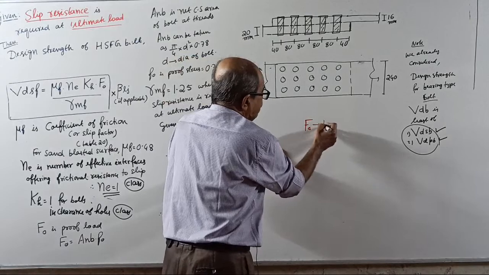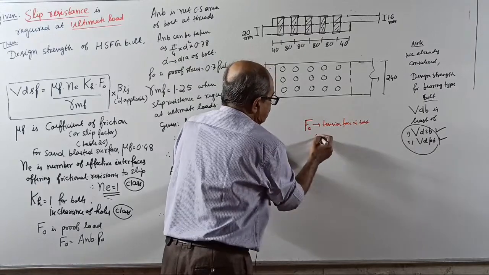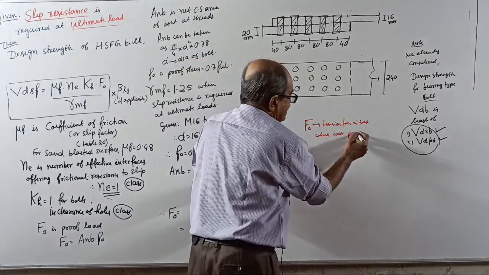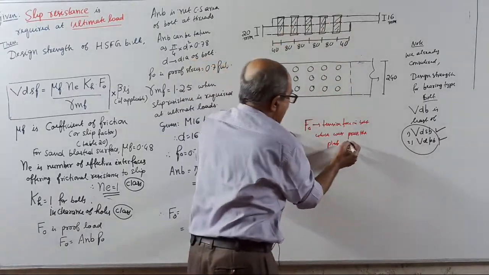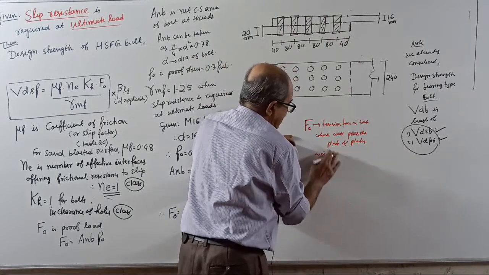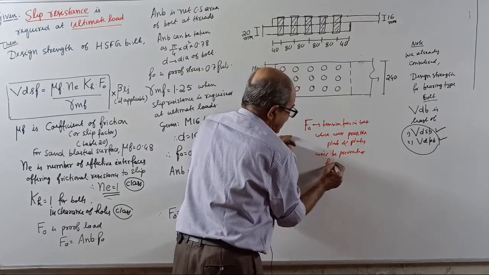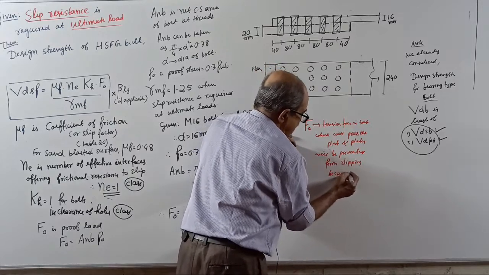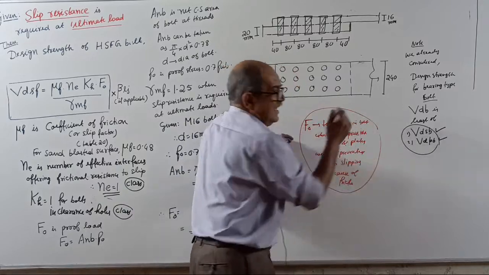This is the tension force in the bolt, which will press the plate this way, and the plates will be prevented from slipping because of friction. These all I told you yesterday, yes or no?